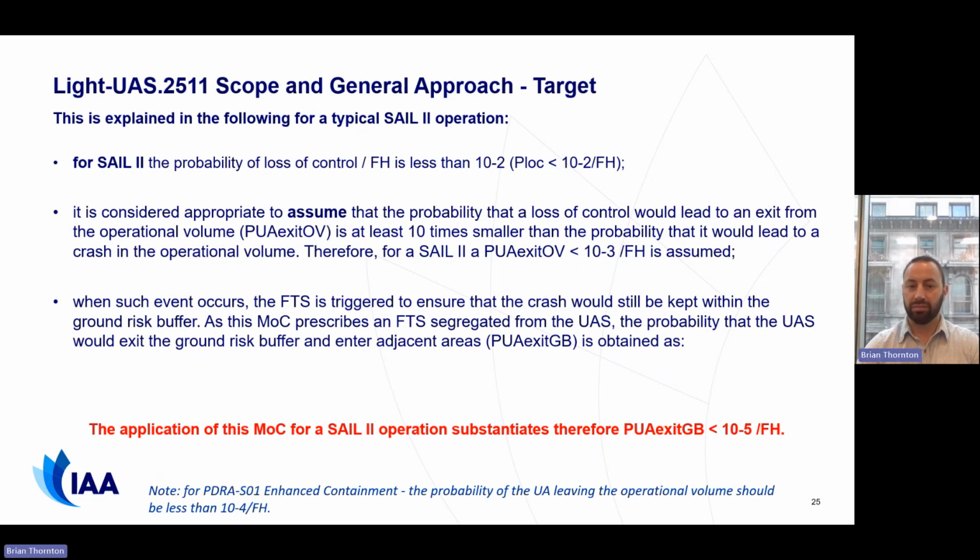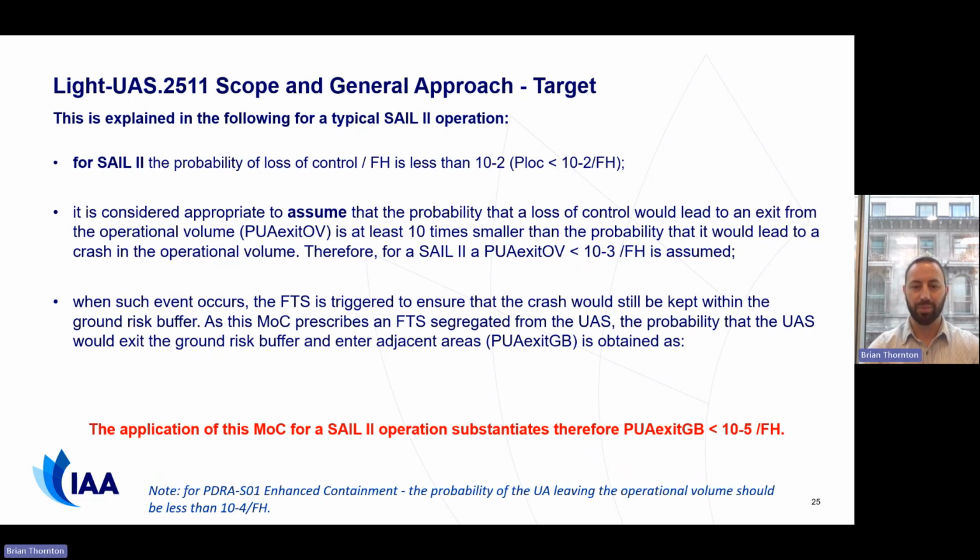MOC 2511 states that it is considered appropriate to assume that the probability that a loss of control would lead to an exit from the operational volume is at least 10 times smaller than the probability that it would lead to a crash within your operational volume.